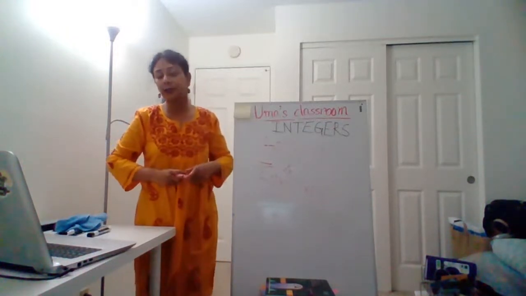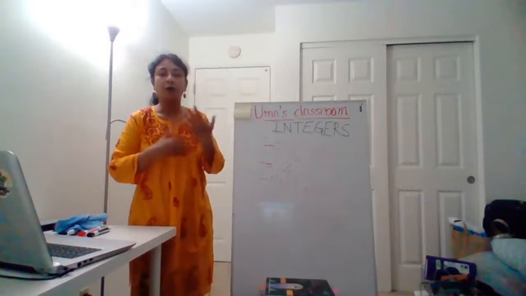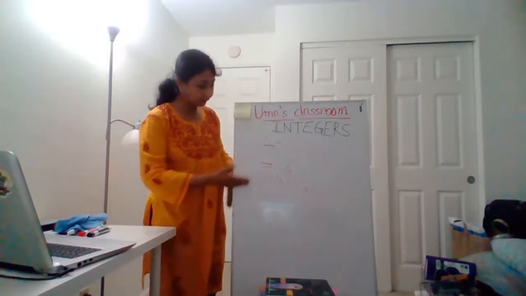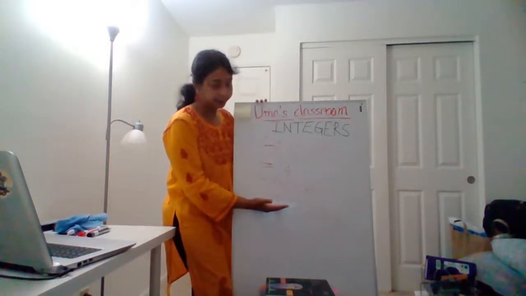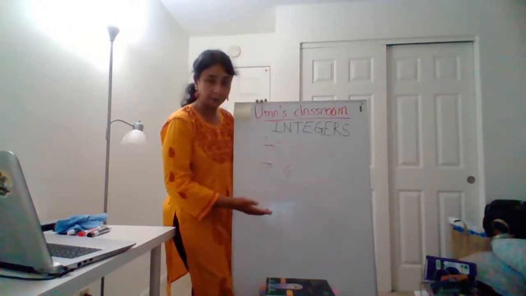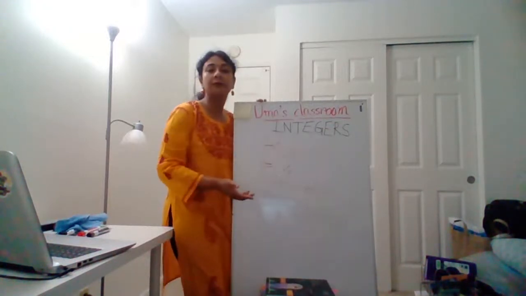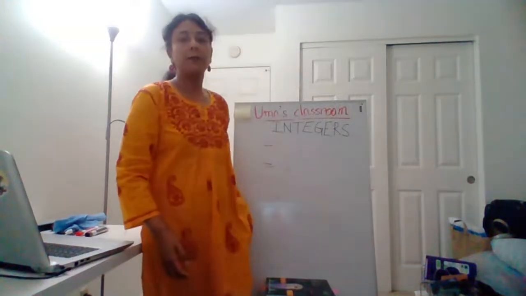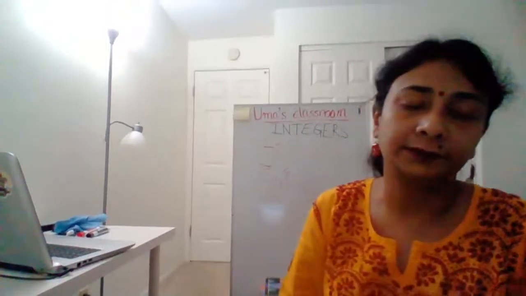So when negative integers are multiplied an odd number of times, you are getting a negative result. And when you are performing it an even number of times with negative integers, you are getting a positive integer as a result.